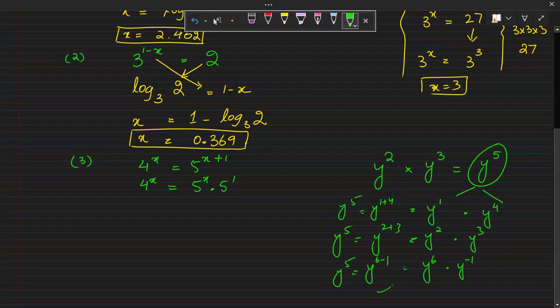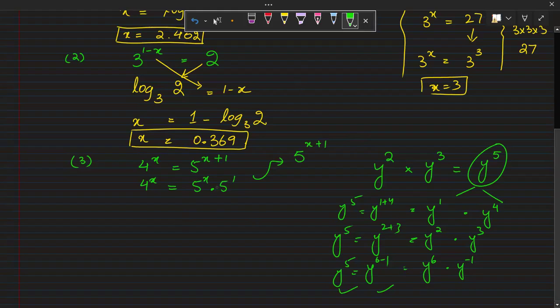So that means yes, it will give 5. Can I split this 5 to the power x plus 1 in this form now, so that I can get 5 to the power x plus 1? Is this clear?